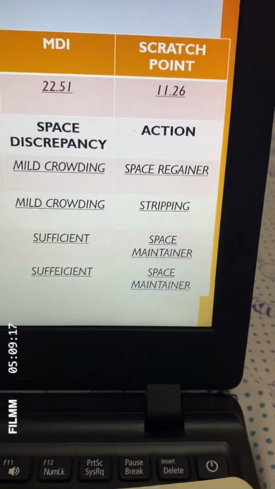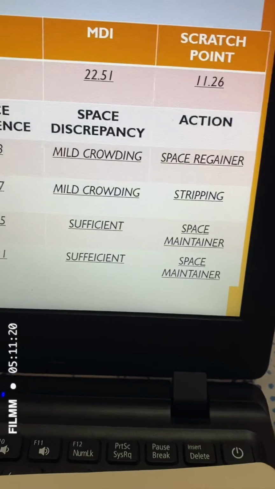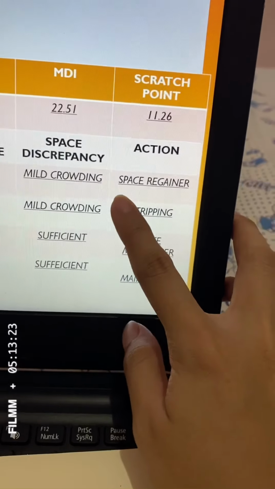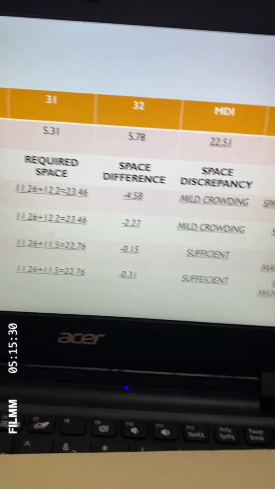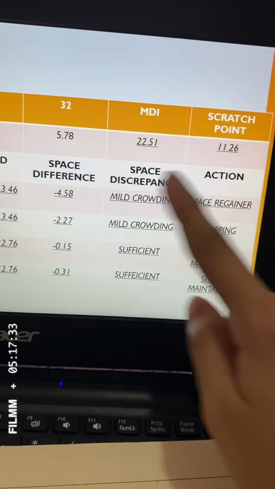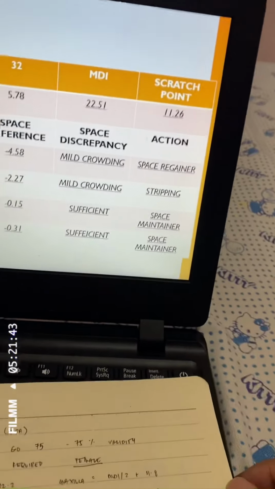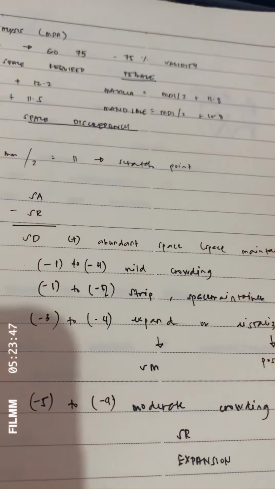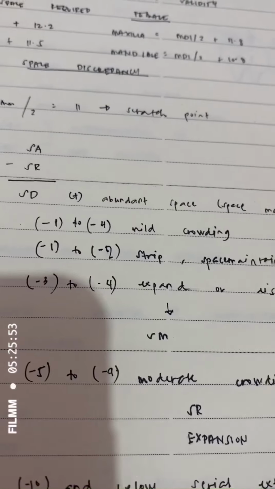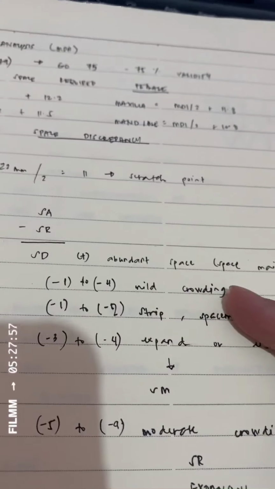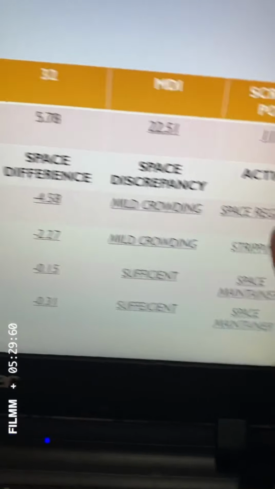Lastly is the action. If it is mild crowding, we need to have a space regainer because the space difference is negative 4.58. Based on the notes from the lecture of Doc Bry, negative 1 to negative 4 means mild crowding and needs a space regainer.